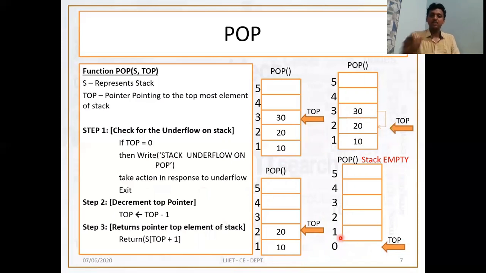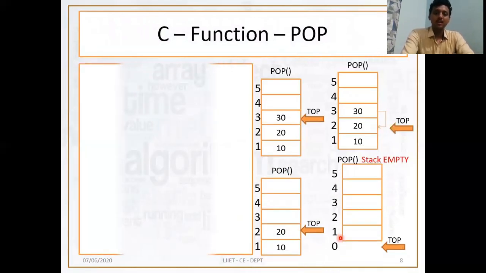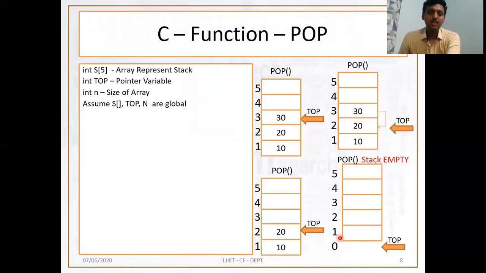Fine. So let's begin with the program. Taking these examples, the thing is that, same as the push operation, s of 5, an array, represents the stack, top is the pointer variable, and n is the size of the stack. Assume array s, top, and n are all globally declared.